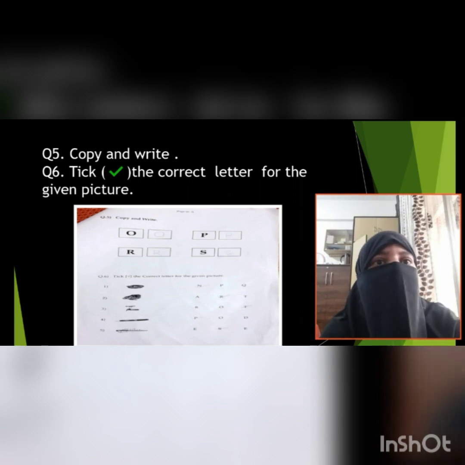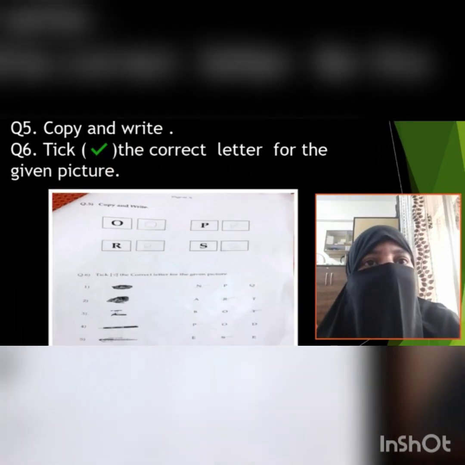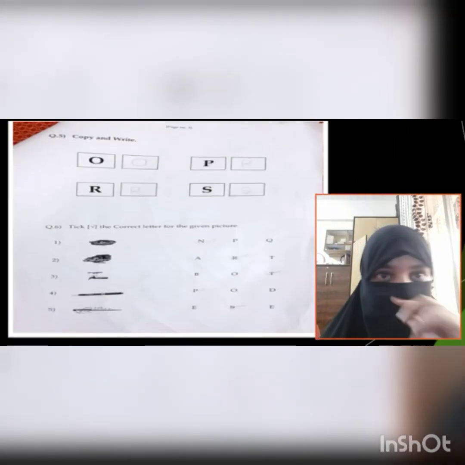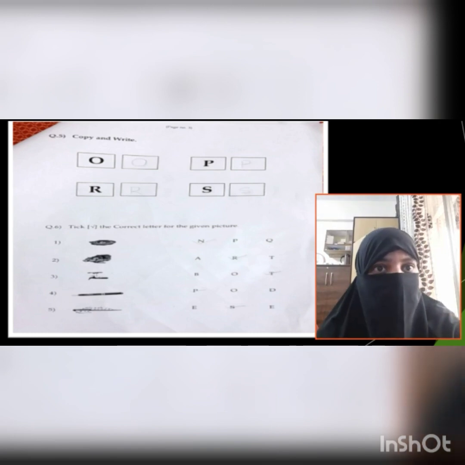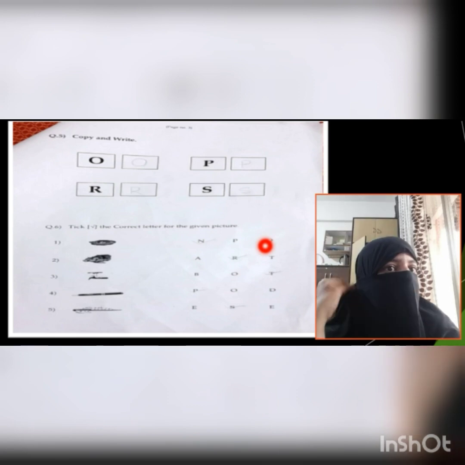Now, question number 6, tick the correct letter from the given pictures. Look at this, here it has been given the tick. Now fine, the first one is nest. So you have to tick. It's a capital N, capital P, and capital Q. Nest comes from which letter?